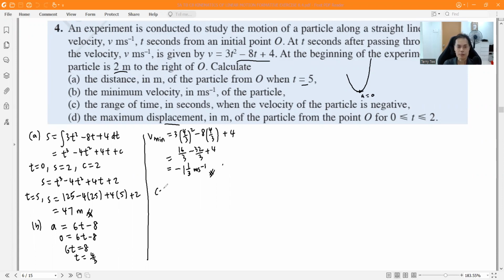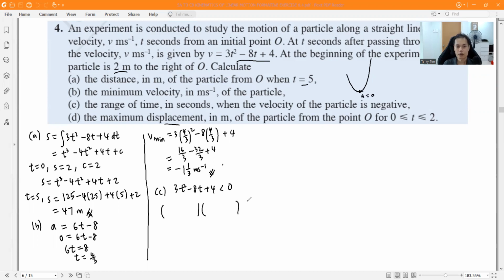Okay, I try to reserve some space to do part C and D. Part C: find the range of time when the velocity is negative. When your velocity is negative, we take 3t squared minus 8t plus 4 and let it be less than 0. So this is a quadratic inequality, so we can factorize that. 3 times 4 is 12.